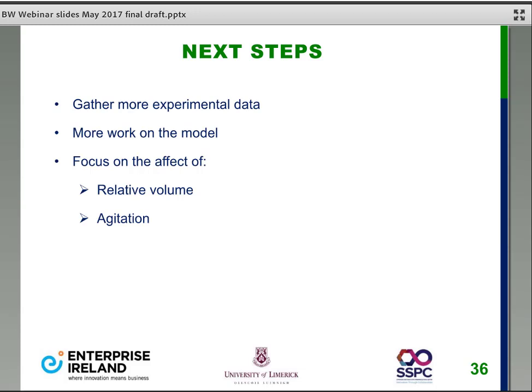If that's 3 times the size of our volume in crystallizer 1, we should get a larger yield. And then also the effect of agitation, so that we can understand the secondary nucleation and manipulate that to get the particle size that we need. So I would say that it's all very much a work in progress. The project's not finished yet, so we're still working away.